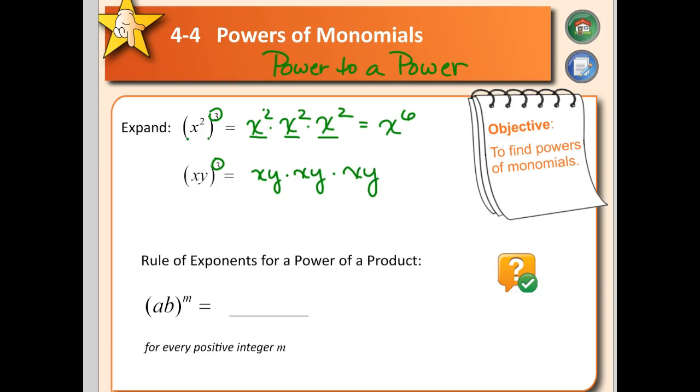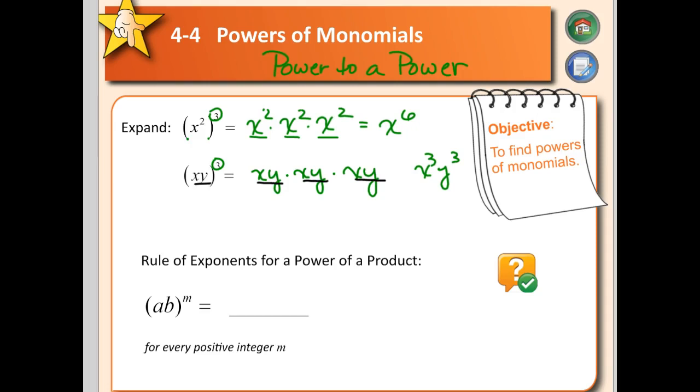So what's going to happen there? Yeah, we're going to end up with x cubed, y cubed. Did you see that the same part of the base was repeated? And so that's why the base is in the parentheses cubed.